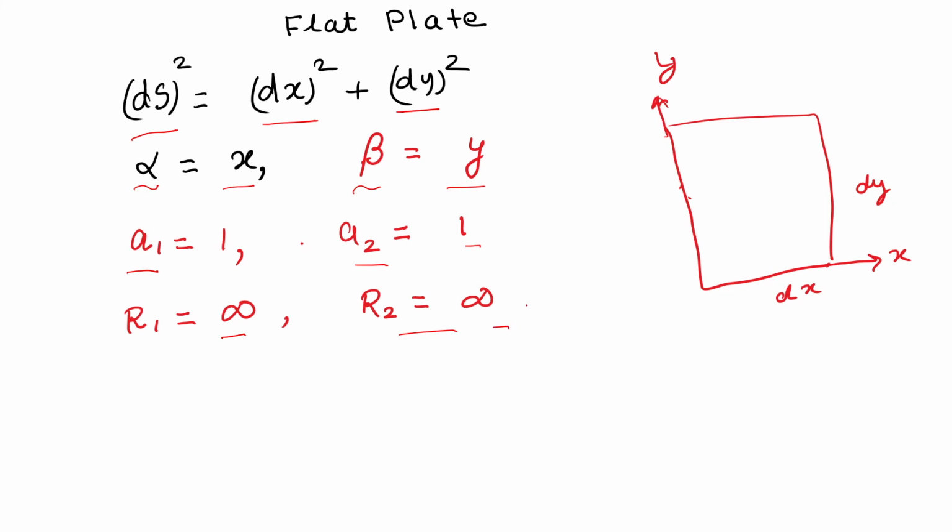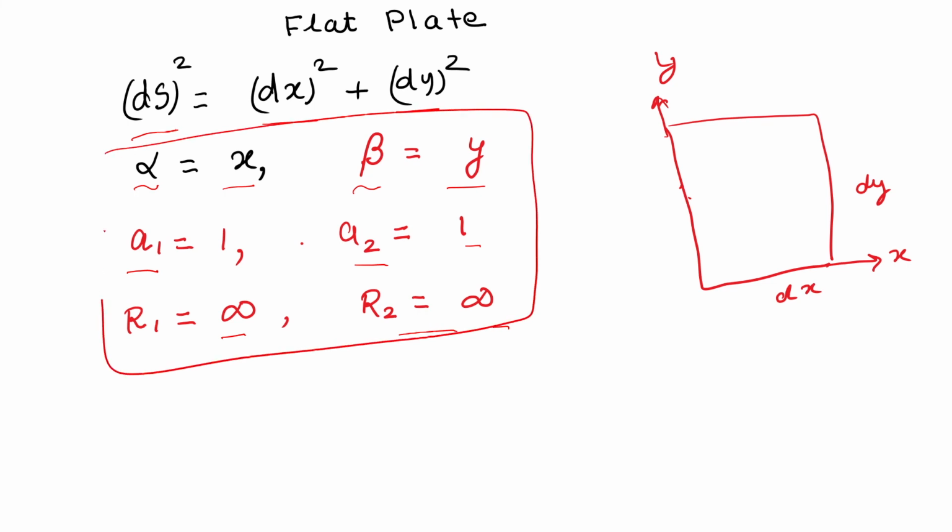For making a special case, we need to assign the curvilinear parameters. That is the most important part: which direction you assign as alpha and which direction you assign as beta is very important.